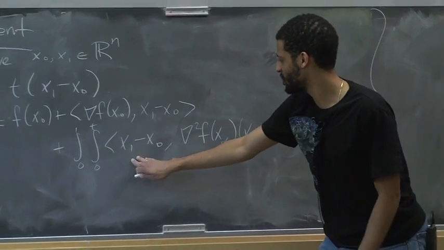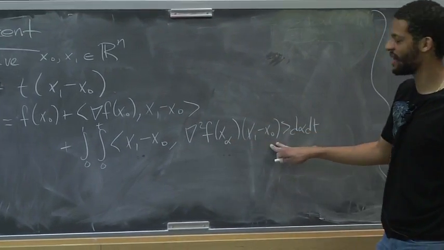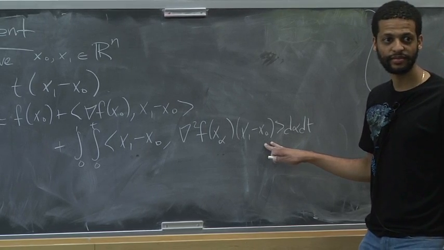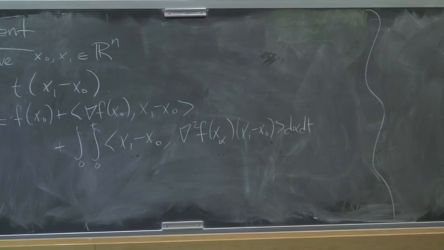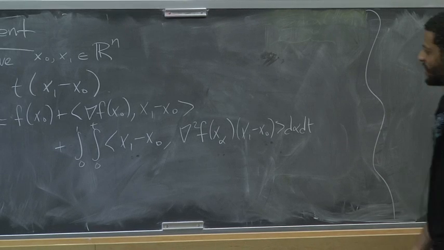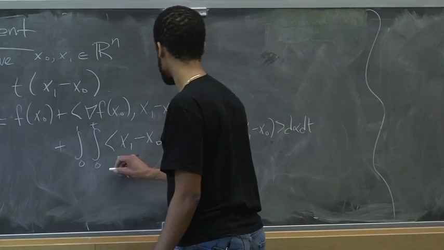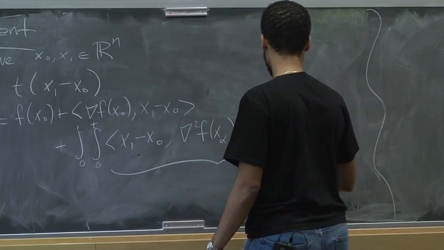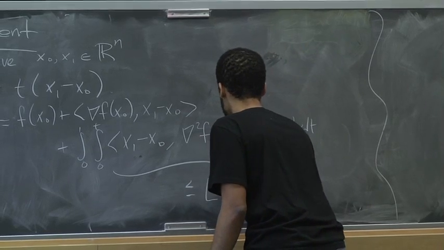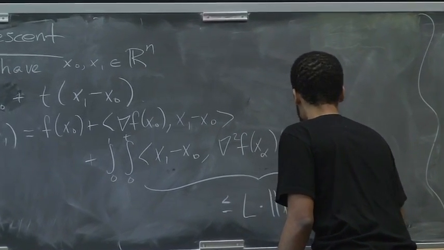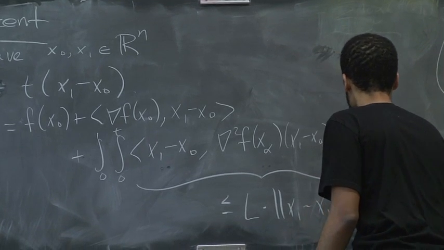This is a dot product between x1 minus x0 and the Hessian times x1 minus x0. L times the norm squared. Yeah, exactly. So this thing is at most L times x1 minus x0, L2 norm squared.